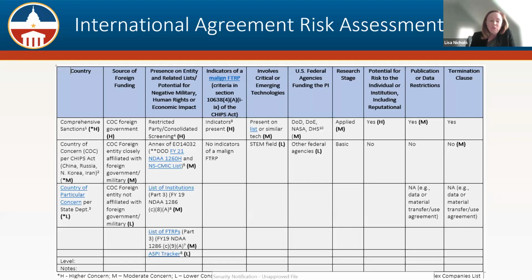So I'll just say that we found that institutionally negotiated awards and agreements to be of relatively low risk versus, for example, outside activities that are not negotiated through the institution. With that said, situations can certainly arise where a researcher proposes, for example, to share data or materials with an institution on, for example, the DoD 1286 entity or other lists.